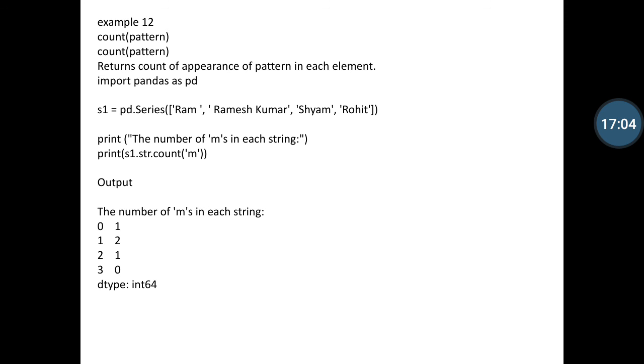That's because Ram has one M. Ramesh Kumar contains 2 M values, so your answer is 2, and Shyam contains M as 1 value, so your answer is 1, and Rohit does not contain M, so your answer is 0.